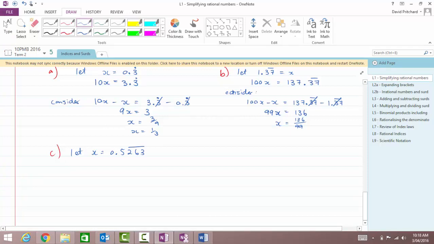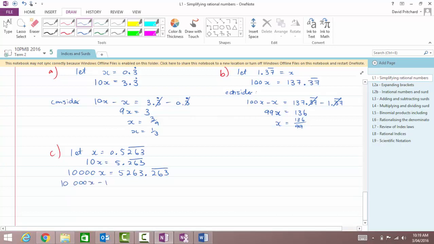So if we multiply this by 10, we get that 10x is 5.263 recurring. Now if we multiply this 10x by 1,000, so it becomes 10,000x, then we've got 5263.263 recurring.